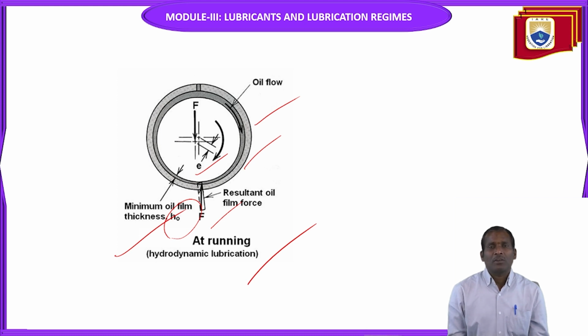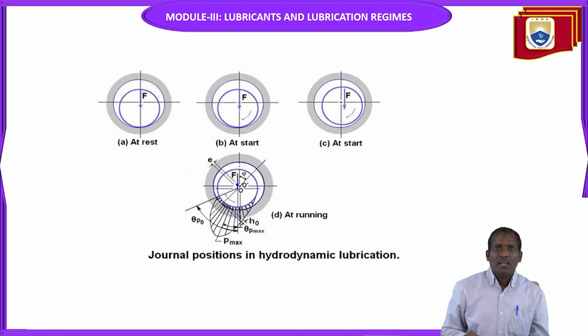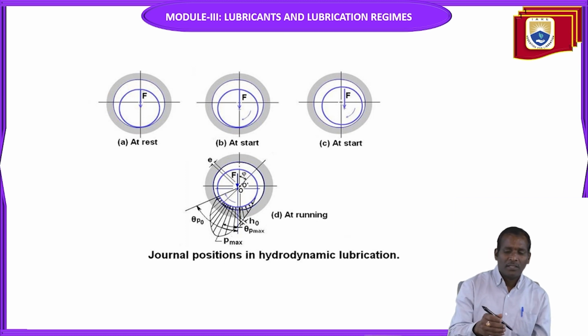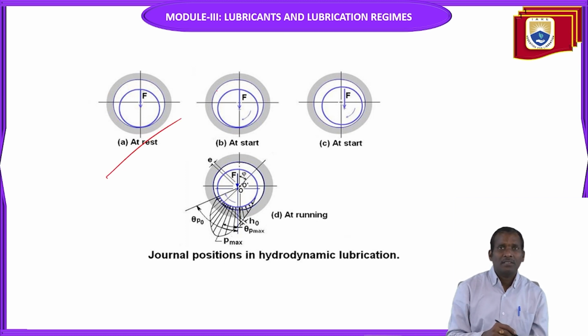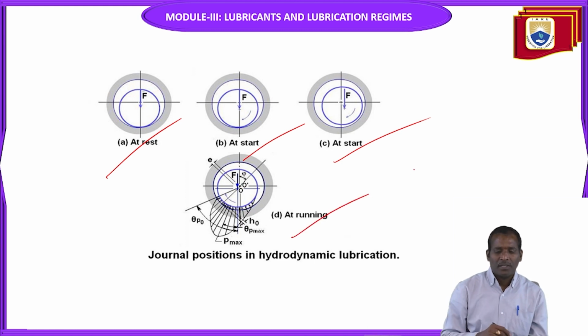So this is the main concept of hydrodynamic lubrication theory. See, in this, the general positions in hydrodynamic lubrication, the combined diagram here: at a start condition like this, and then start, and then the fully running condition.